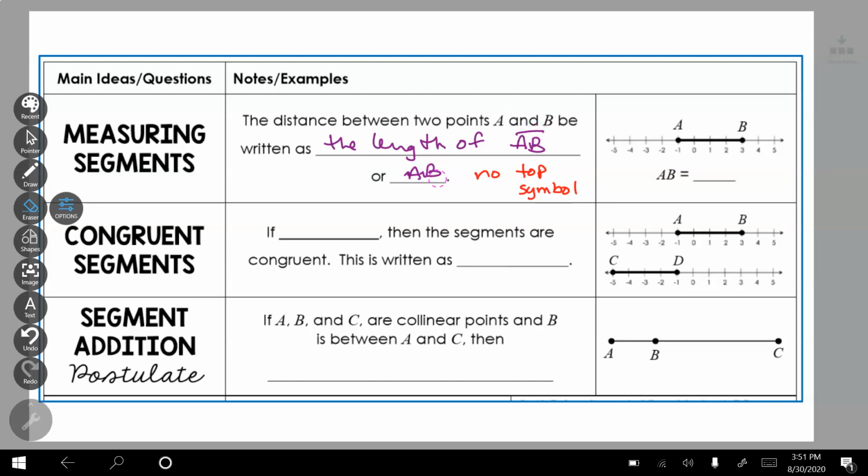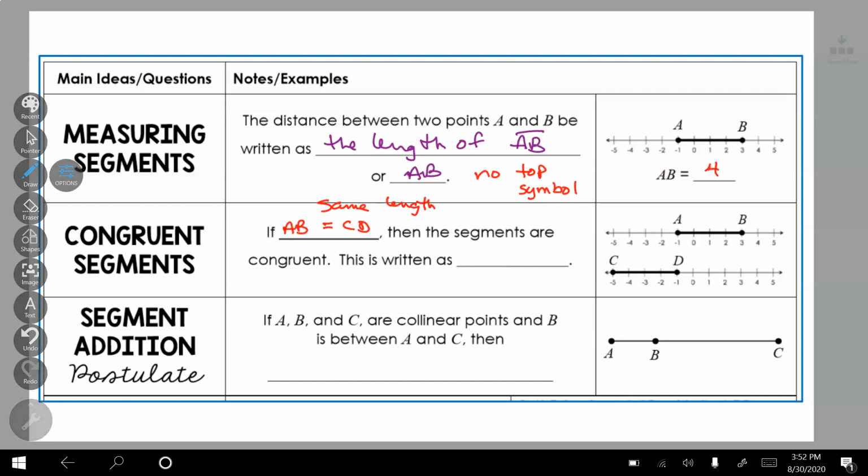With nothing, it just means the length of that line segment. For this example, this goes from -1 to 3. That length is 4. Now, if AB, which is 4, equals CD, that means they have equal length. But AB and CD with no top symbol means they're lengths.